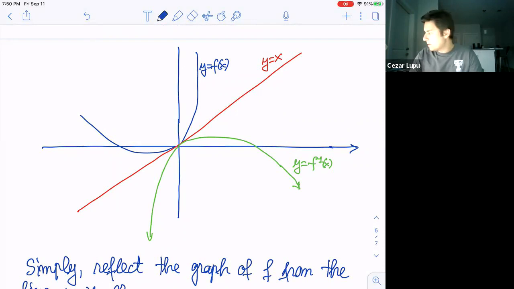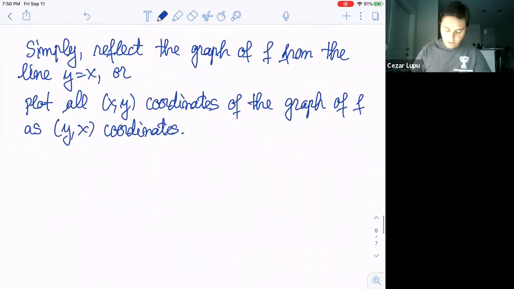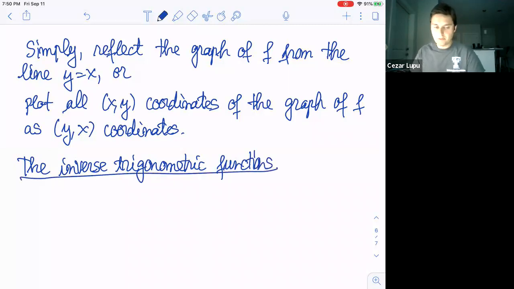Now, in the remaining time, I would like to talk about the inverse trigonometric functions just a little bit, and probably we're going to stop here. We will meet with these functions again later on when we talk about derivatives or even limits, in fact. The first one I would like to talk about is the inverse sine function.